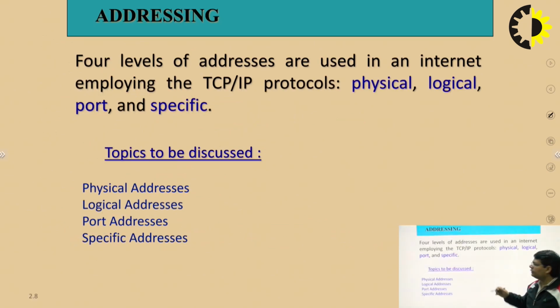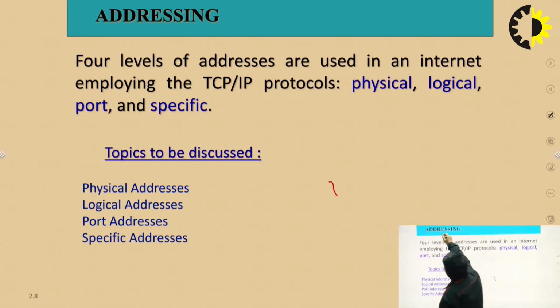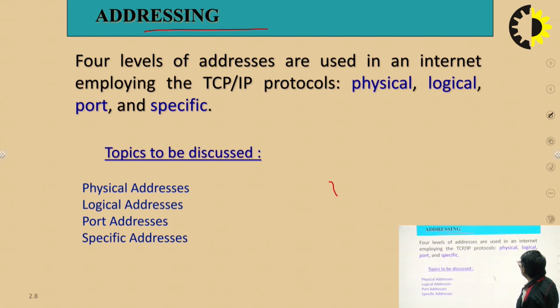The next topic we are going to discuss is addressing. Addressing means the different types of addresses that are required for sharing data over the network or internet. When we share data or information over the internet or any network, a number of addresses are required.